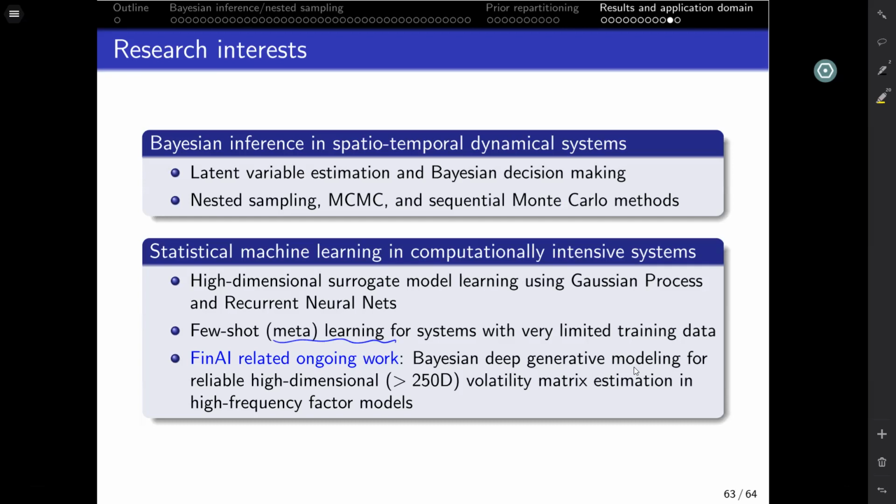The ongoing finance and AI related work we're doing right now is to develop a Bayesian deep generative model for reliable high dimensional volatility matrix estimation in high frequency factor models. These high frequency factor models are extracted from stock data. Each dimension is just a time series, and each dimension represents one of the stocks. That can be more than 500, but we're now just testing 250.